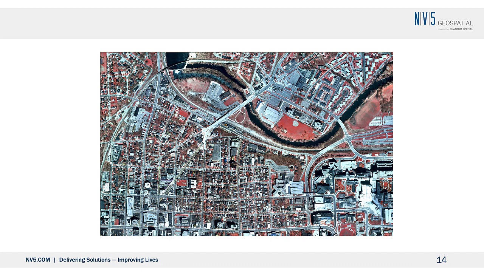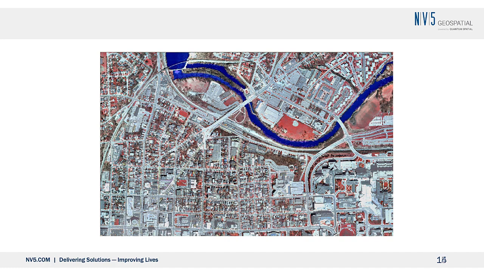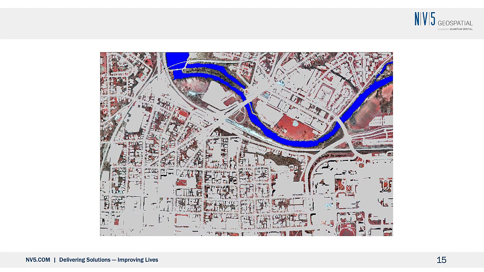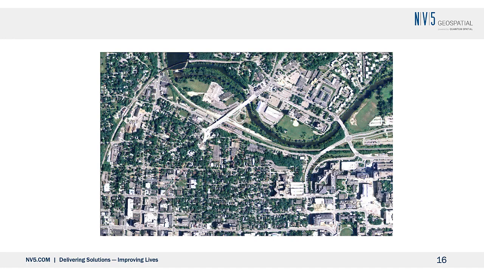This is a picture of downtown Ann Arbor with the leaves off. From that, it's very easy to classify where all the impervious surfaces are, because we have no canopy on the trees. If we take the same image in the summer, we've got a lot of tree canopy, and that tree canopy blocks a lot of the impervious underneath it.